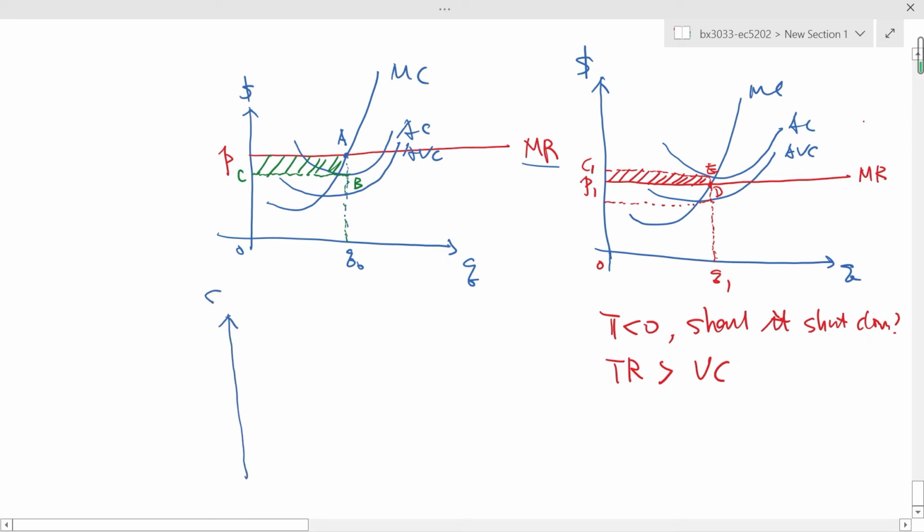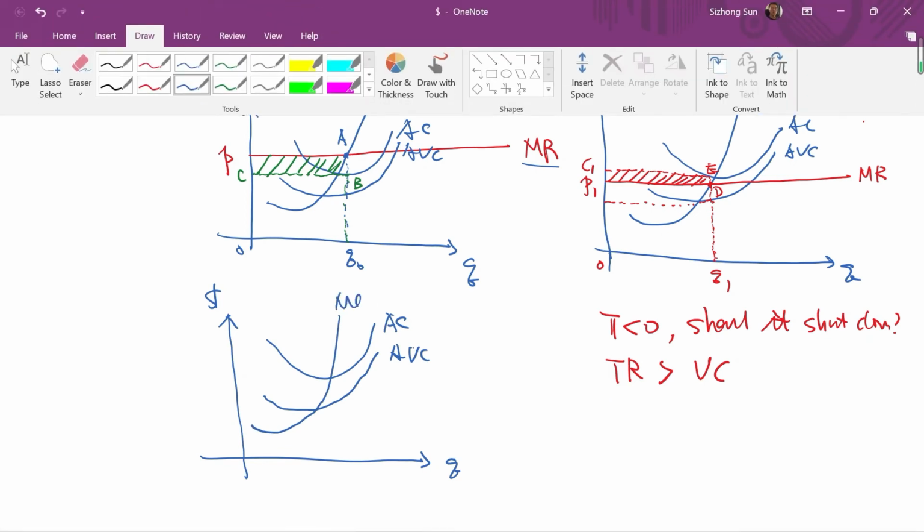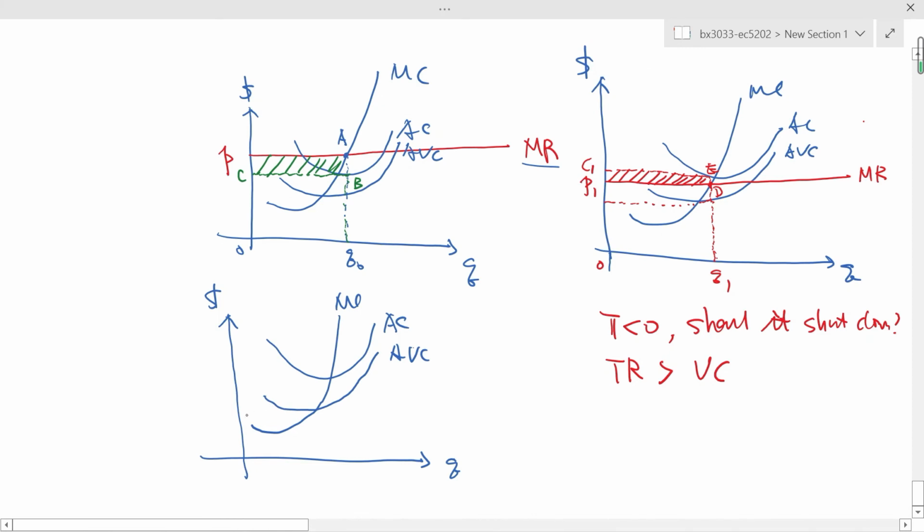So I'm going to draw a third one. And the costs are all the same. And marginal cost. Okay, now I'm going to drive down the price to be very low.